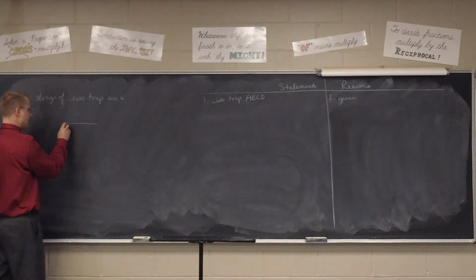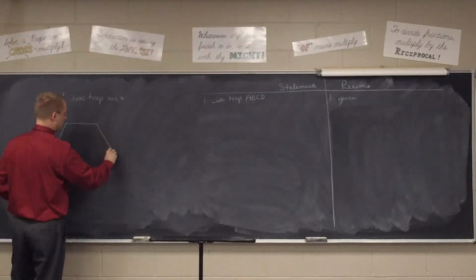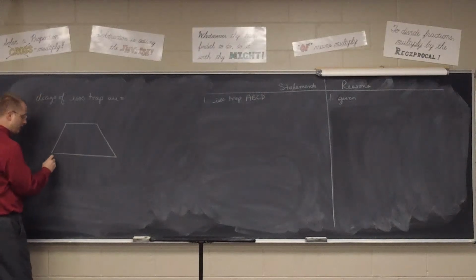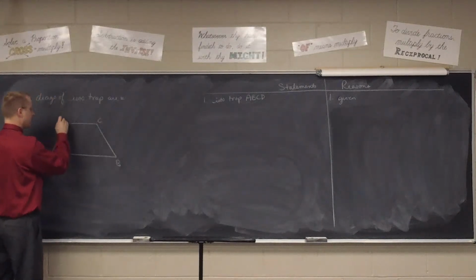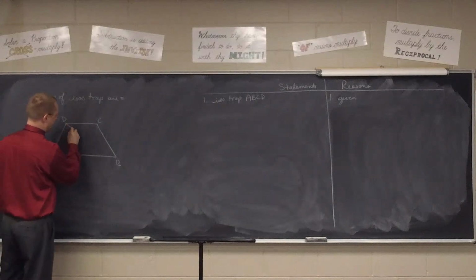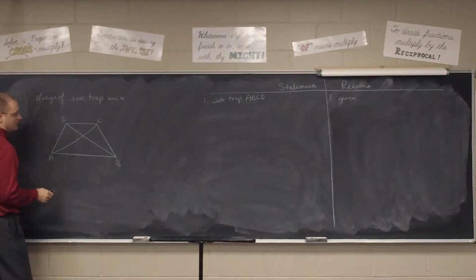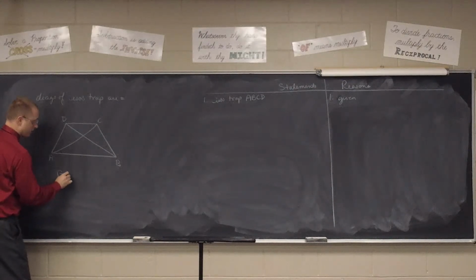Go ahead and draw an isosceles trapezoid to the best of your ability. Don't look perfect, that's okay, we don't trust our eyes. Call it A, B, C, D, and draw your two diagonals, AC and BD.